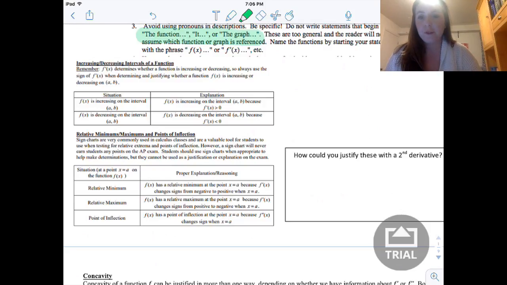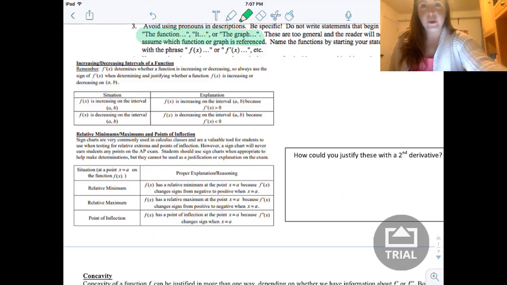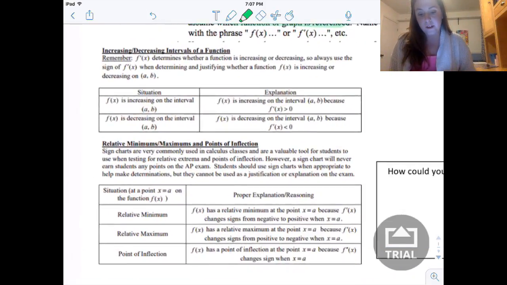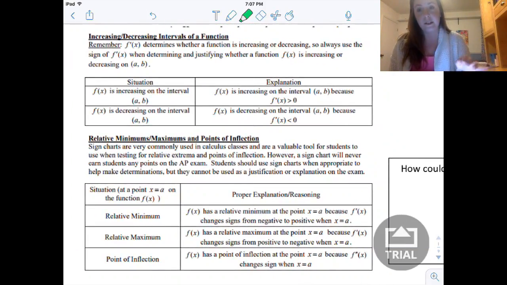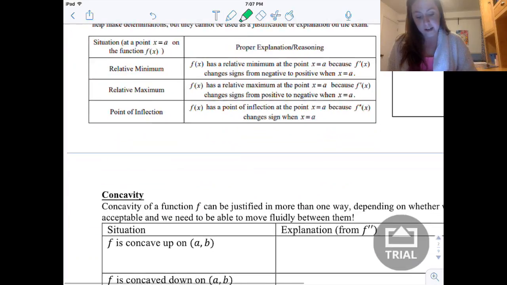Okay, so while we see if a few more people can pop on, I've got 5. We got more coming. Okay, so curve sketching, let's just kind of do a brief overview with this. So looking at this, this is really the keys here. The things we're going to be looking at are increasing and decreasing, maxes, mins, points of inflections, and then concavity.